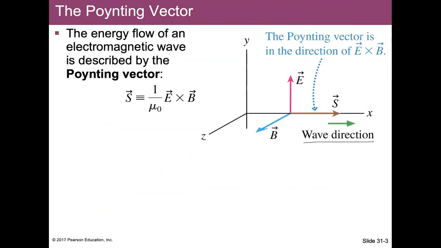The energy flow of an electromagnetic wave, that's the direction that the energy is flowing in the wave direction, is described by the Poynting vector, where S is the Poynting vector, defined as 1 over mu naught of E cross B. And we can take our right hands and put our fingers up in the direction of E, have our fingers curl down in the direction of B, and we see that our thumb will then point in the direction of S, which is the wave direction.